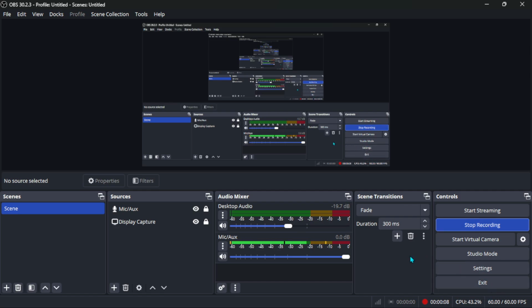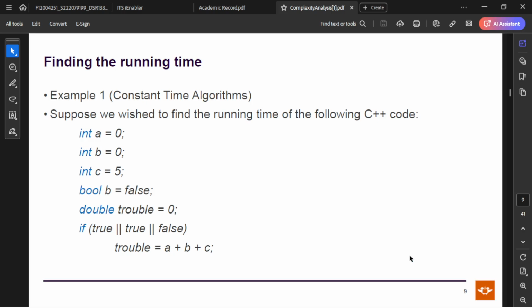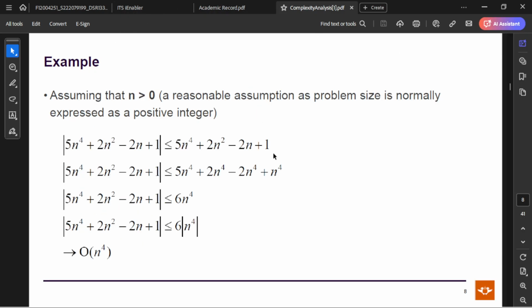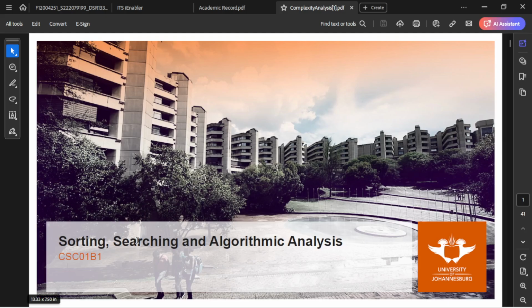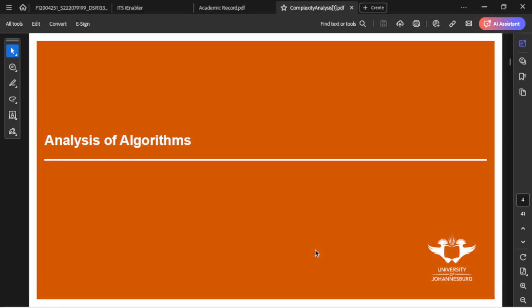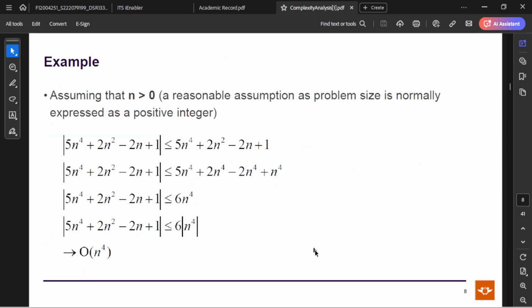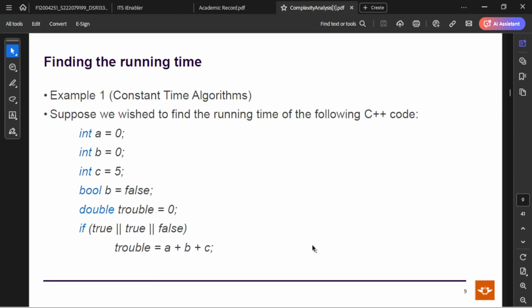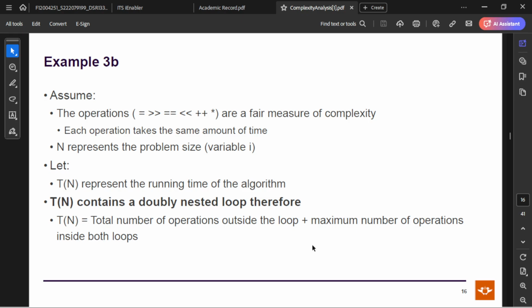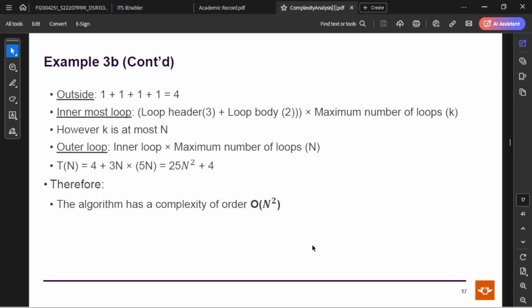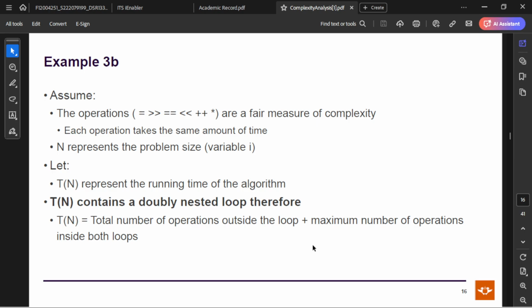In this video, I'm just going to try to explain what is called algorithm analysis, runtime counting and stuff like that. I'm going to explain the examples given in the slides for better understanding, since you're supposed to use them at the end of the day.